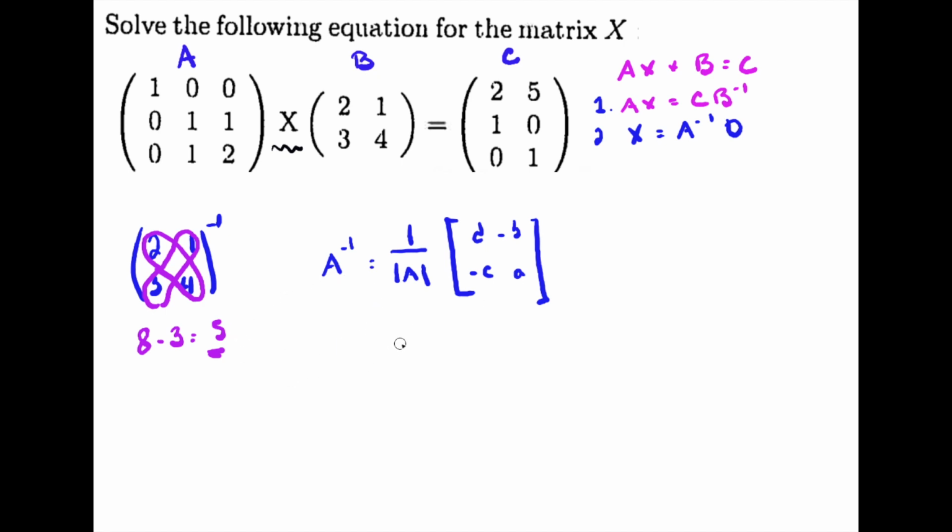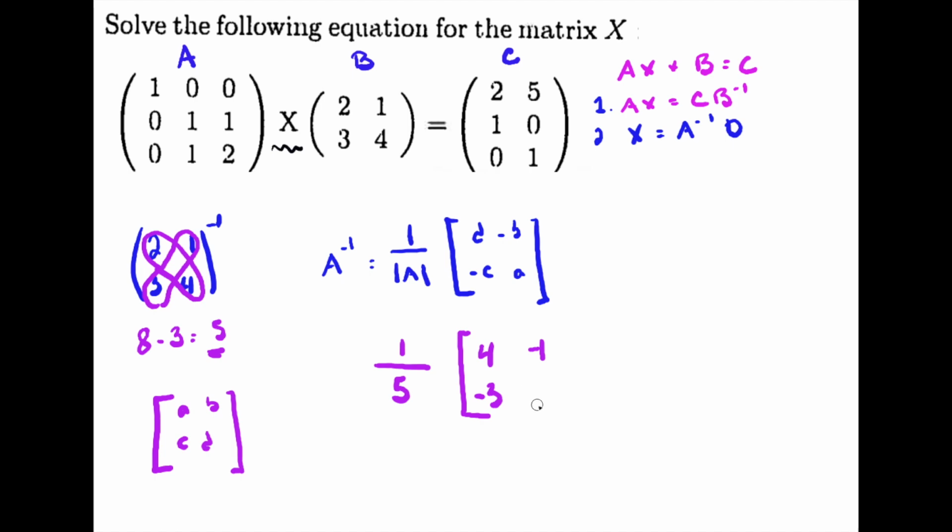So here we're going to have 1 over 5 times, if our matrix was in the form A, B, C, D beforehand, D is this bottom right number, so it's 4. B stays the same, but it turns into a negative, so it's negative 1. Same thing here, it's negative 3.